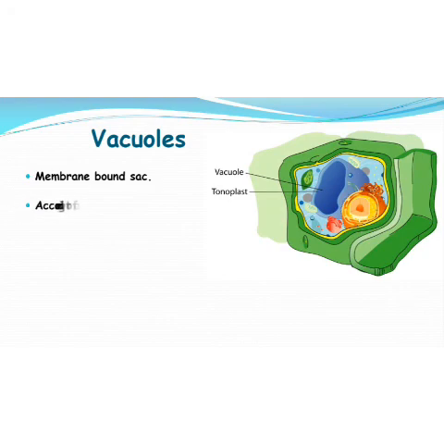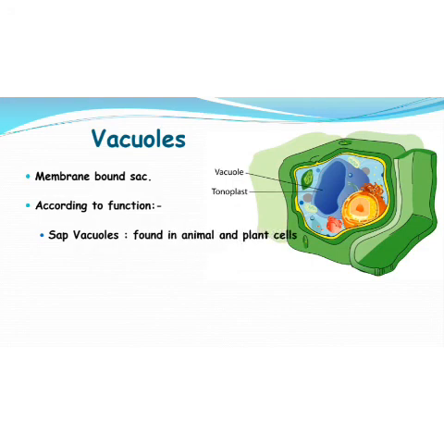Now vacuoles can be differentiated on the basis of their function. The first one is sap vacuoles, which are seen to be present in animal cells or plant cells. We will also talk about them with the help of diagrams in the further slides. The next is food vacuoles, which are present in amoeba or amoeboid cells, right?